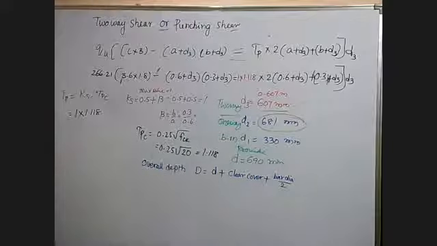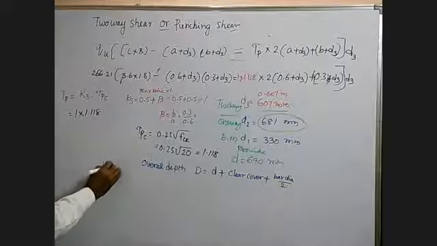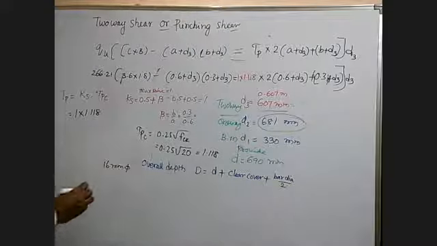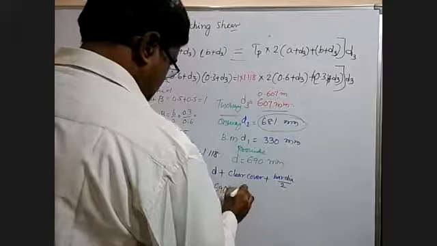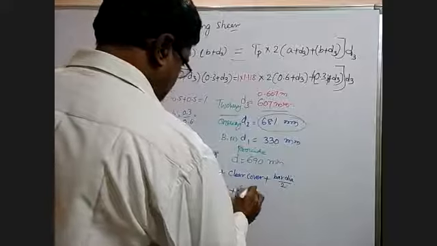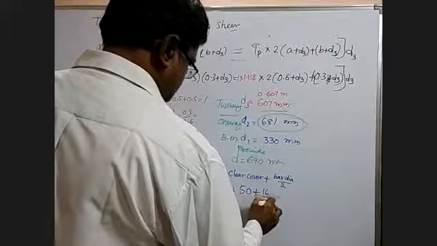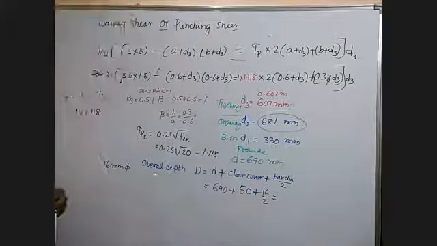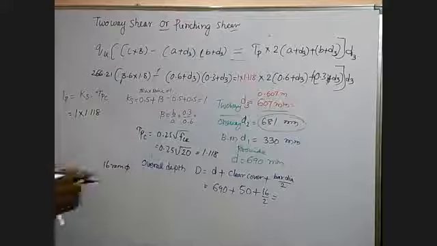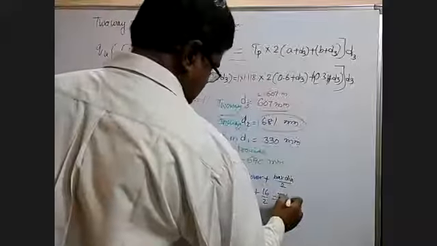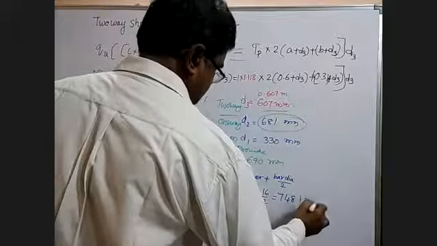Okay. Assume 16 mm bars are provided. So this is 690 plus cover, let us say 50 mm, plus 16 by 2. You will get 698 plus 50, 748 mm. Let us say 750.